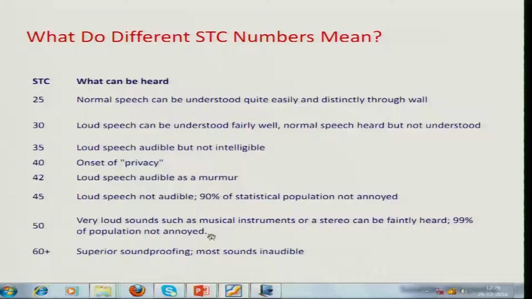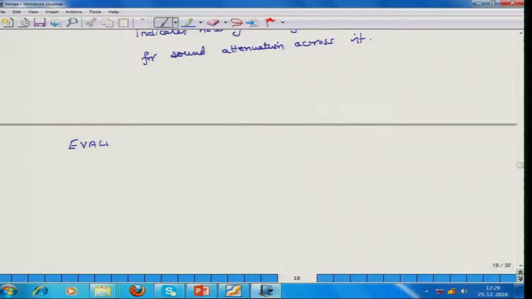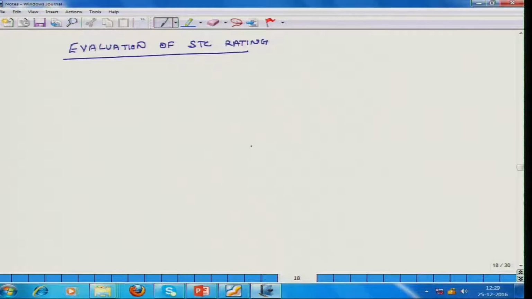The next thing in this context I wanted to talk about is how the STC rating is evaluated. What is our goal here? Suppose I have a partition and I want to evaluate its STC rating, so I want to know its STC value.